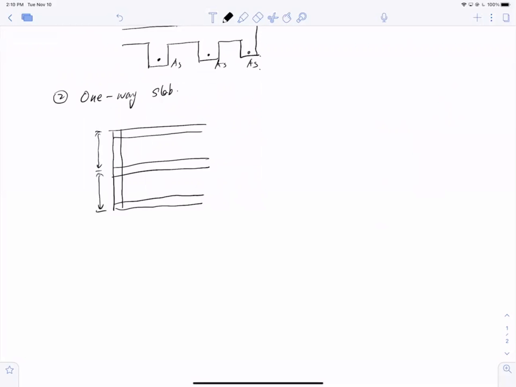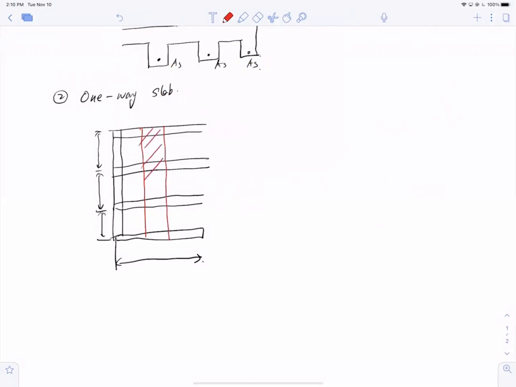This is one span direction, and we have different span lengths, and you have the other span direction. As we said, it's a one-way slab, so it only considers one-way bending. Only consider one-way bending. So this is the unit strip.